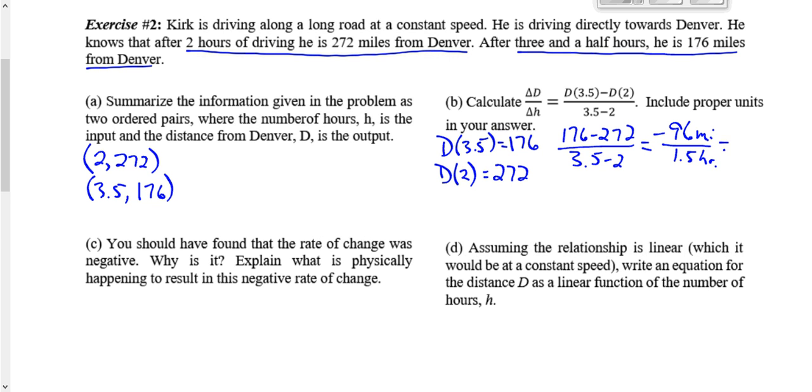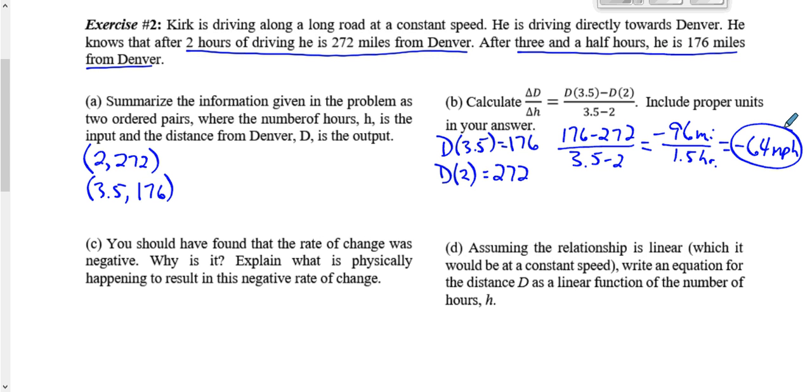And let's put that as a unit rate. You'll have a calculator. Negative 64 what? Miles per hour, right? That's his rate of change.